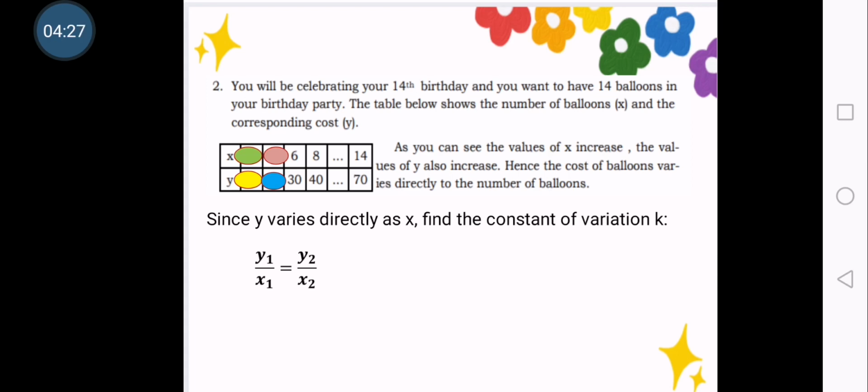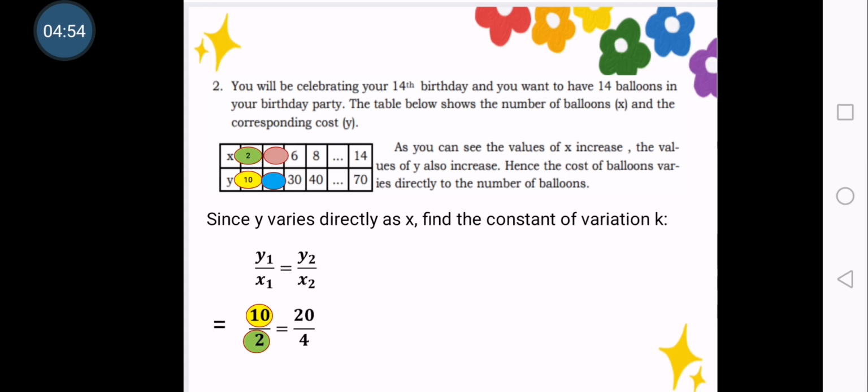Since kukunin natin yung pagitan, so i-equal po natin siya as y sub 2 over x sub 2. Yan. So, ang difference niya. So, ang y sub 1 natin or the first value of x, so halimbawa, yung y muna pala. So, gagastos ka daw ng 10 pesos kung magkakaroon ka ng dalawang balloons.